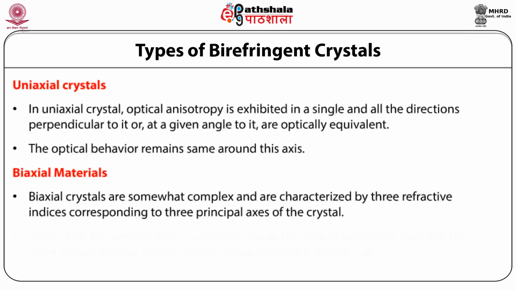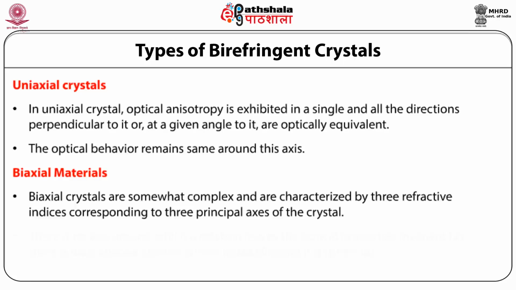Being extraordinary waves, the direction of power flow is not identical to the direction of the wave vector in either case. The two refractive indices can be determined using the index ellipsoid for given directions of polarization.